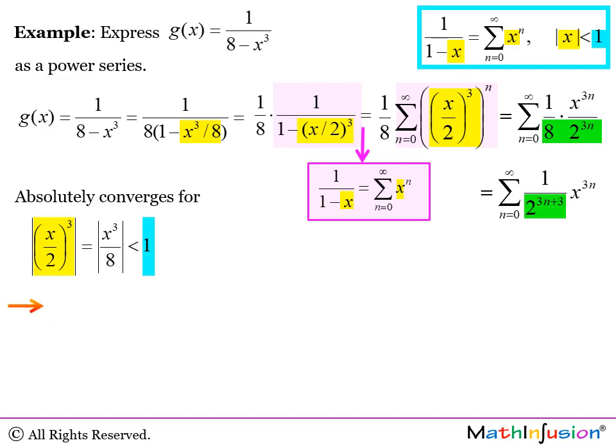We're solving that, and we get, first of all, that absolute value of x cubed is less than 8, and x in absolute value is less than 2.